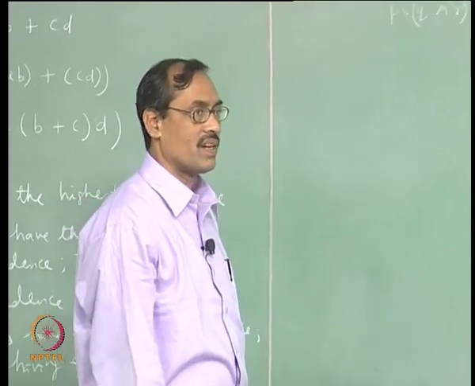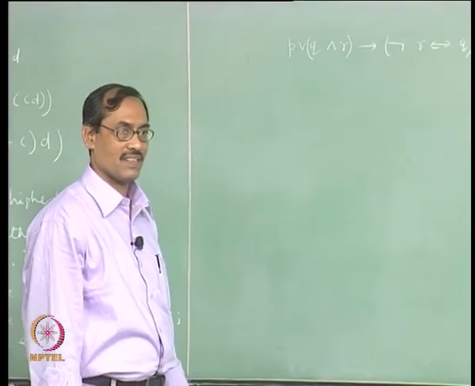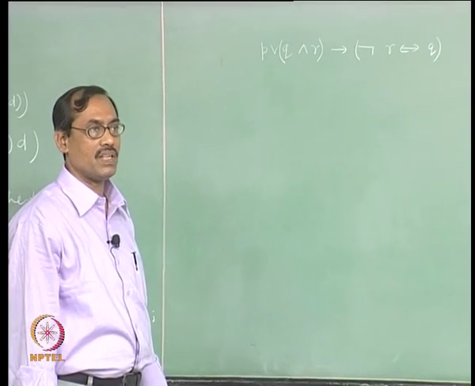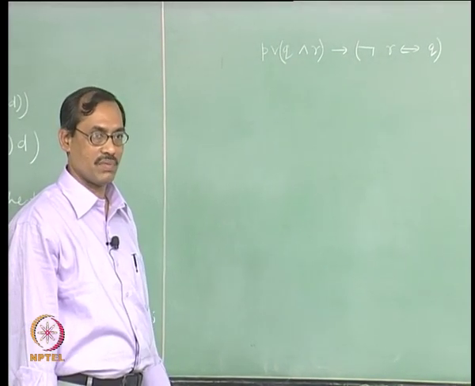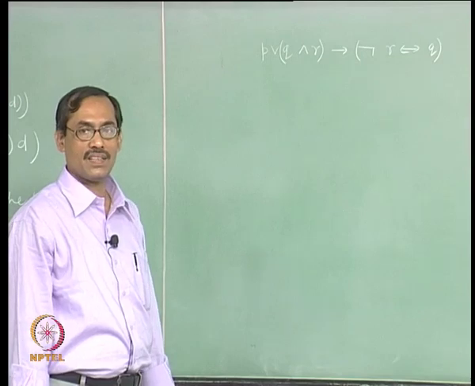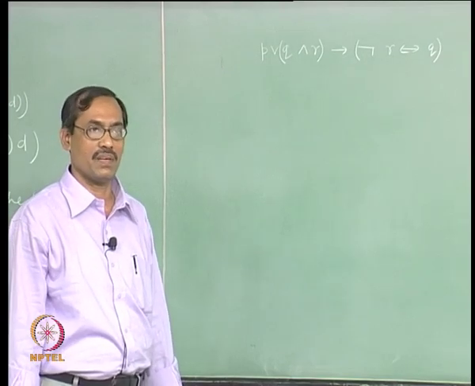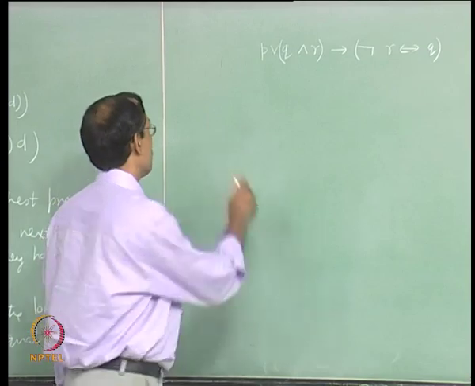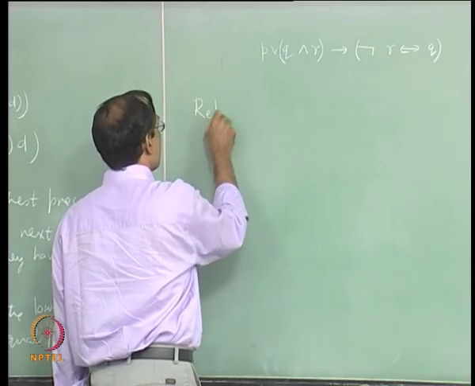Now, let us come back to our relevance thing, that if a variable is not occurring in a formula or a proposition, then it does not matter what value you assign to that variable, fine. Let us formulate it first. It is called the relevance lemma.